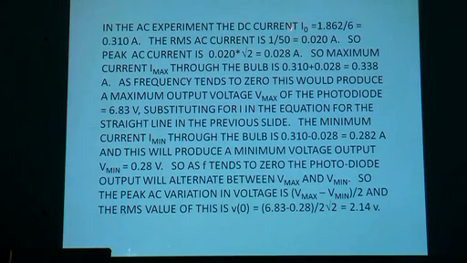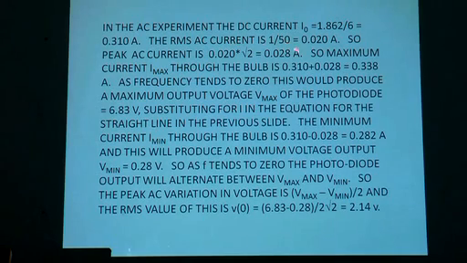In my AC experiment, the voltage across 6 ohms was 1.862 volts, and therefore the DC current was 310 milliamperes. The RMS AC current was always kept as 20 milliamperes.